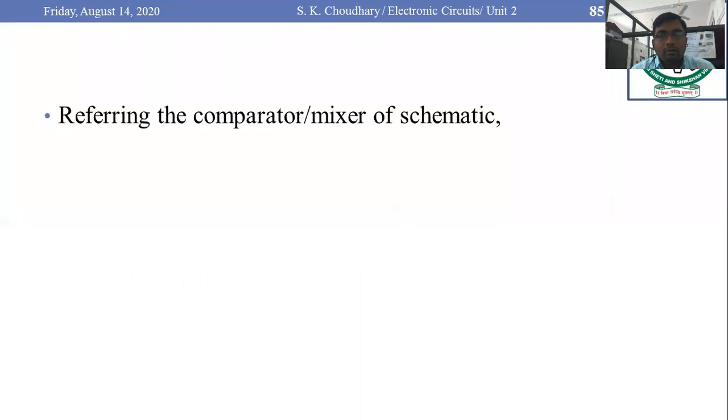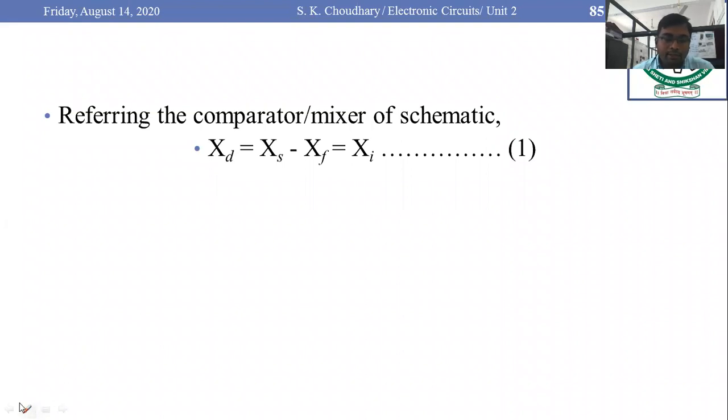Now we are going to refer to the comparator or mixer of the schematic. What would be obtained? If you remember the diagram, XD, that is your difference signal, is equal to what? Source signal minus feedback signal. That is equivalent to the input signal available to the basic amplifier.